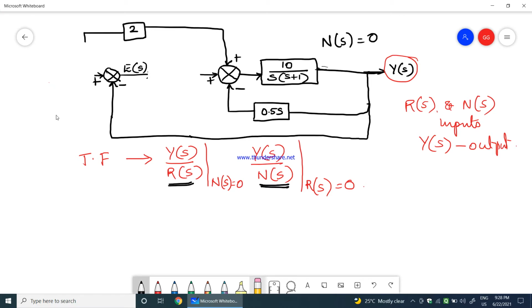I am just doing it in the same diagram, but you can write a separate diagram for this.